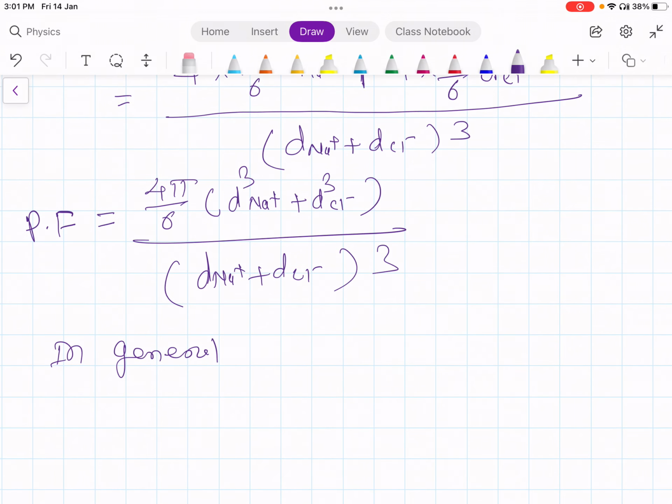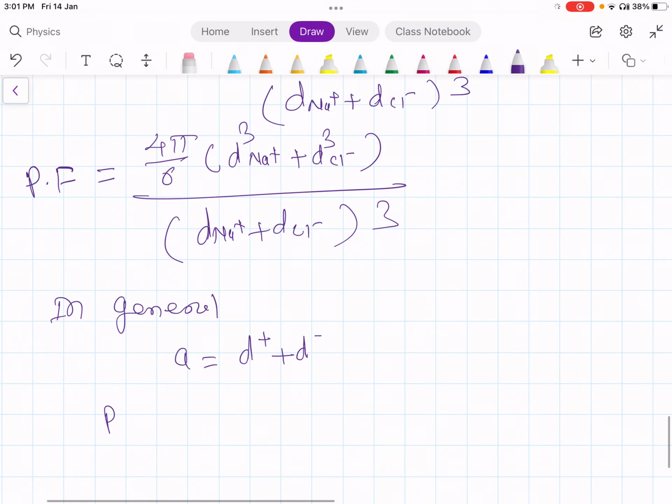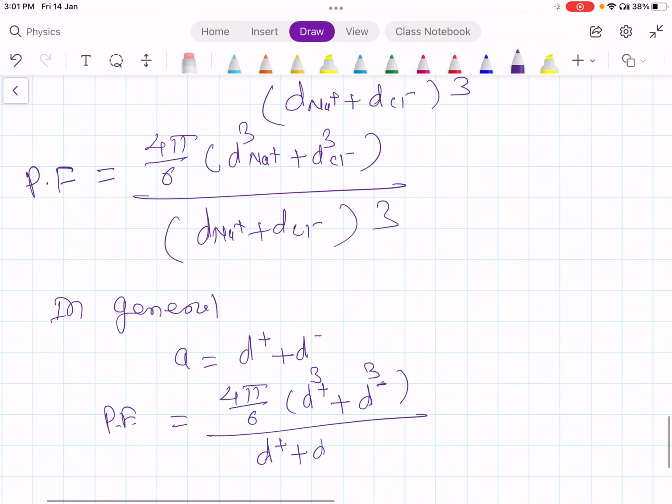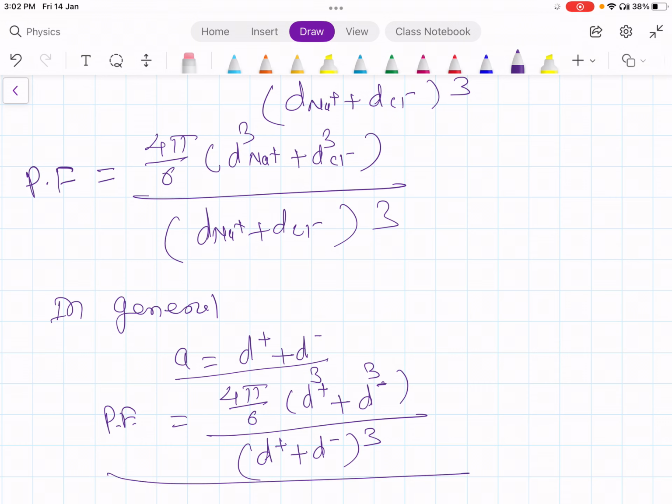In general, for FCC diatomic NaCl type, lattice constant is diameter of positive ion plus diameter of negative ion, and the packing factor is 4 pi by 6, diameter cube of positive ion plus diameter cube of negative ion, divided by diameter of positive plus diameter of negative, bracket cubed. So using these formulas, you can find lattice constant and the packing factor.